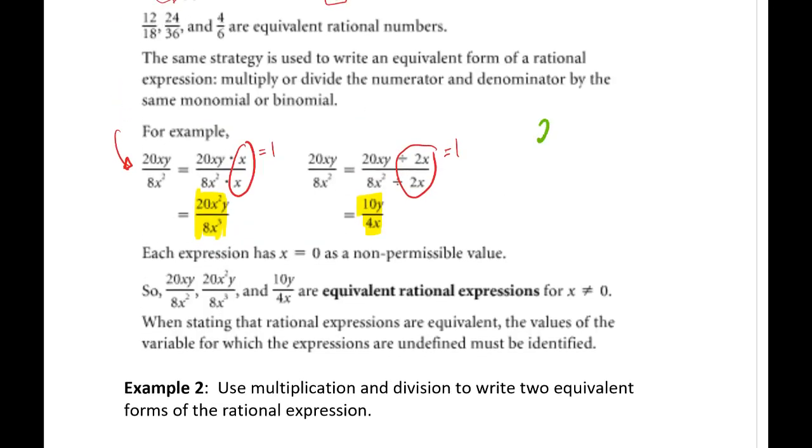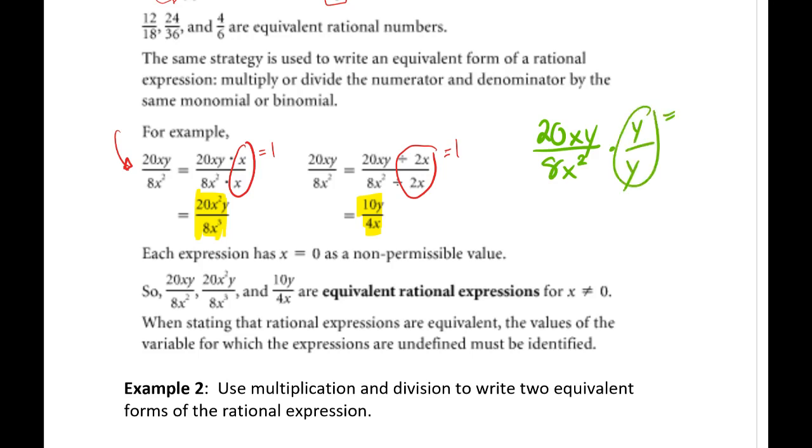All right, so just taking a look at that expression that we have here, this would not be equivalent. I would not want to multiply by y over y. Even though this equals 1, this is not going to be equivalent, because what we've done is we've introduced a new variable or a new non-permissible variable. Y can't be 0 now.